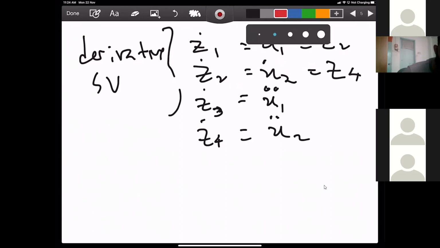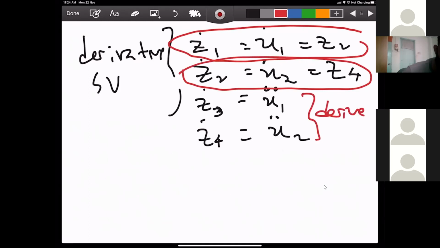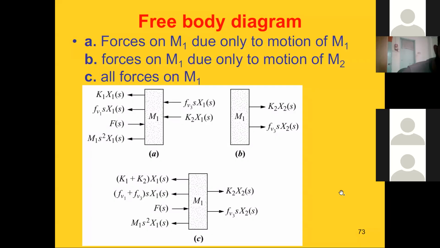The other two we must derive from the free body diagram, which is shown in your slides.